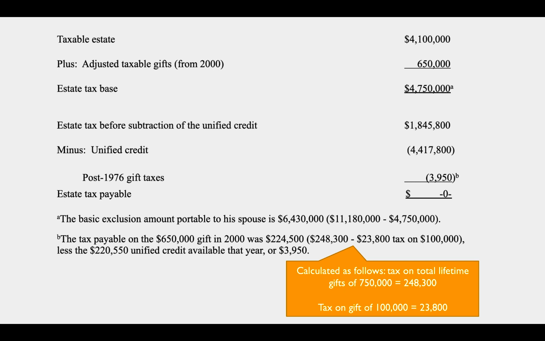So they're married, so that $5 million exclusion number that's available this year, I basically multiply it by 2, and then I subtract the estate tax base of the first spouse's death, meaning that when his spouse dies, the spouse is going to have a basic exclusion of $6,430,000 rather than that $5 million number that single individuals would have.